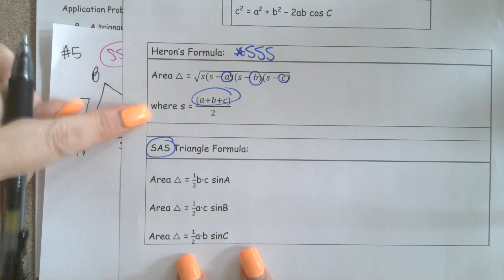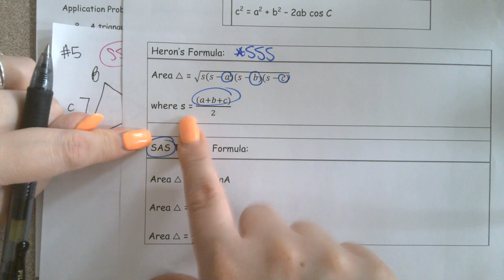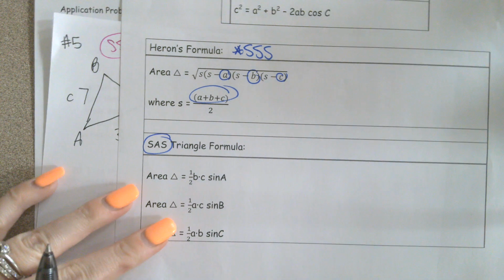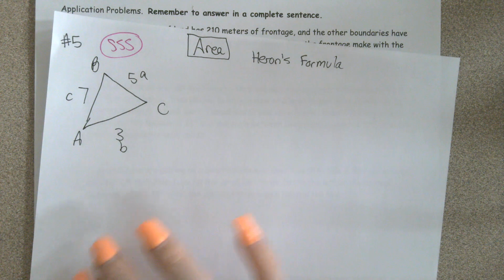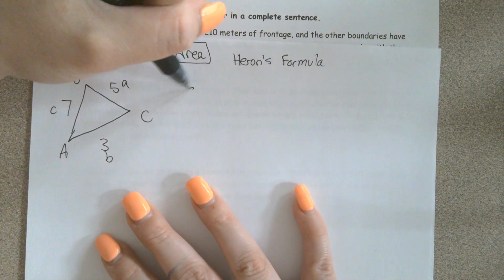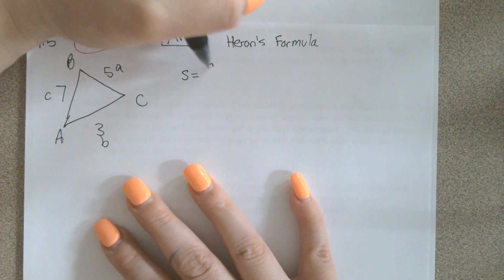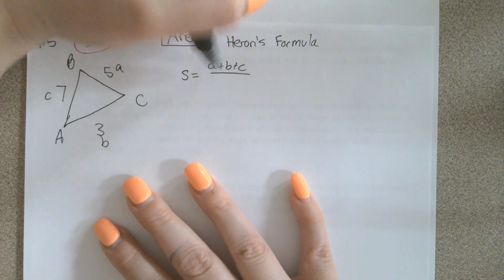So Heron's formula is actually 2 formulas. You find the S value so you can plug it into the area formula. So S, to find that, all you got to do is add all 3 sides together and divide it by 2.